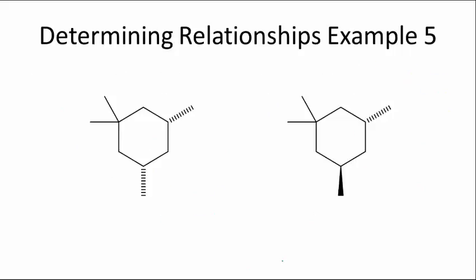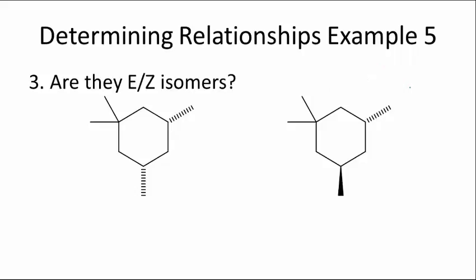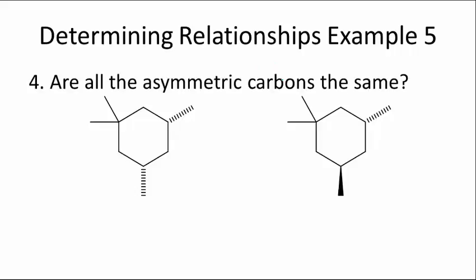All right. So now, example 5. I look at these two. Do they have the same formula? Yes. Do they have the same connectivity? Yes. Are they E/Z isomers? No, there's no double bonds. They can't be E/Z isomers. Are all the asymmetric carbons the same?